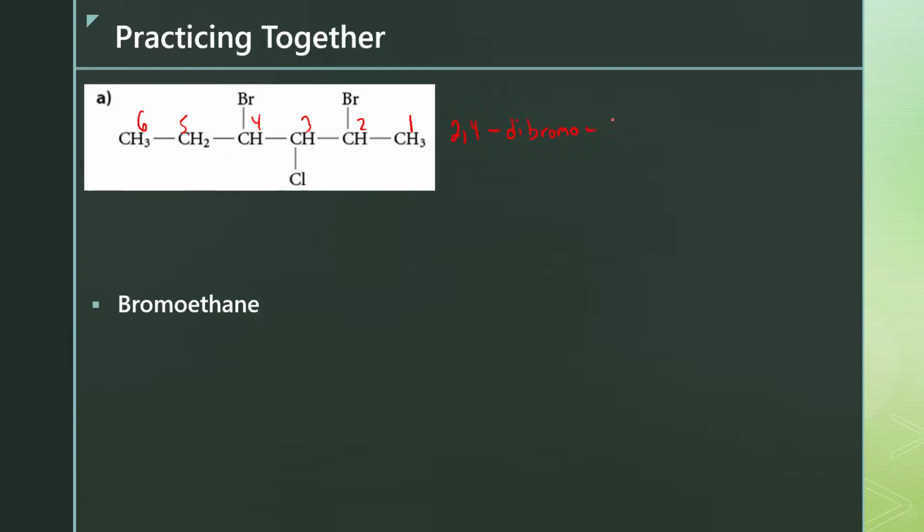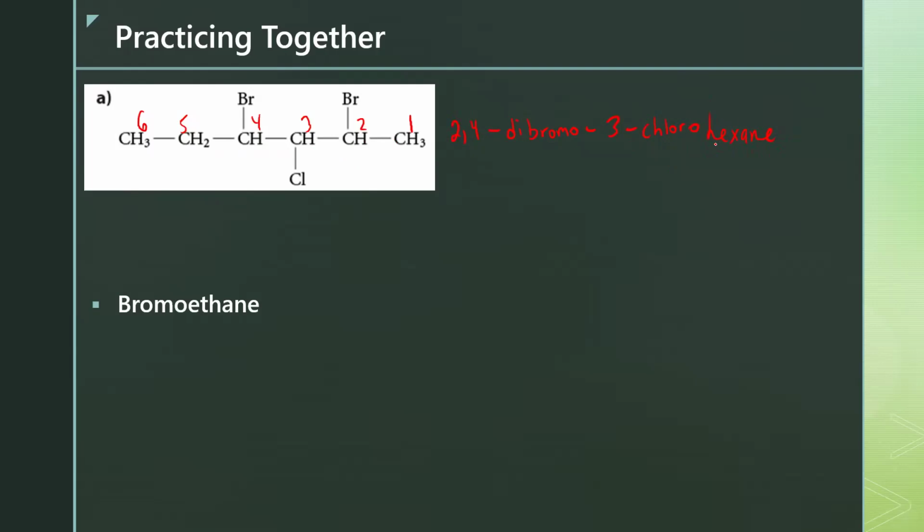So then we just move on. Dash 3 dash chloro. So look, we have our 2, 4 bromo, and now 3 chloro. And that's all the branches on this thing. So let's just finish it up with its normal alkane name, which in this case, because there's 6, would be hexane. So 2,4-dibromo-3-chlorohexane. Quite a long word, but is what it is.